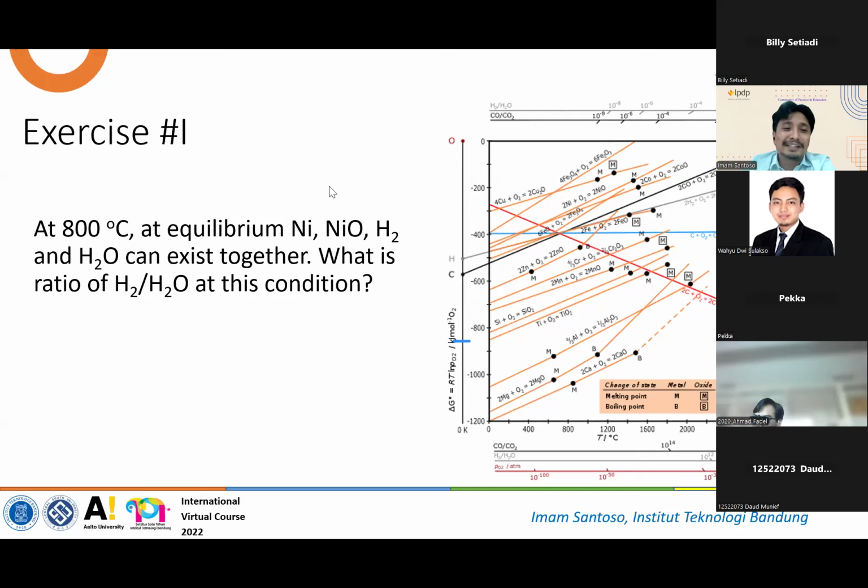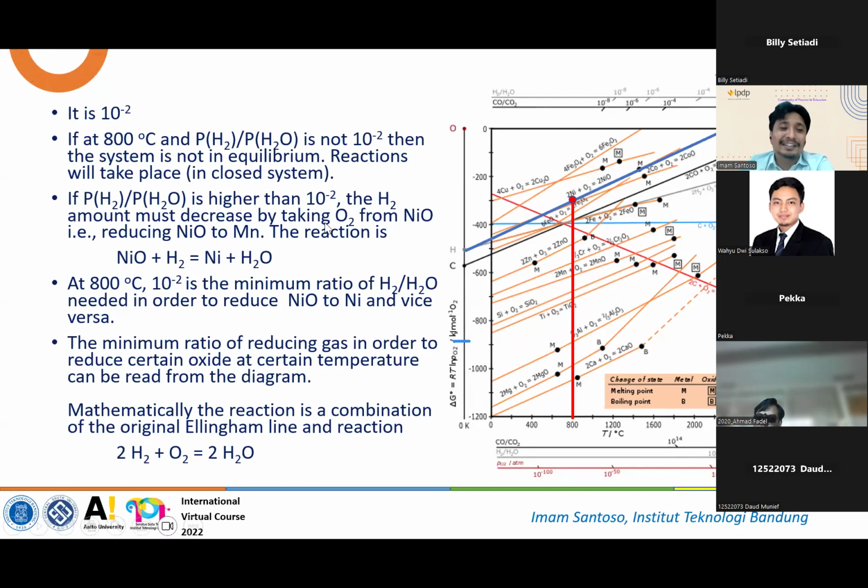Okay, then move to the next. Thank you, Daud. Now this is the explanation. If at 800 the ratio is not 0.001, then the system is not in equilibrium.